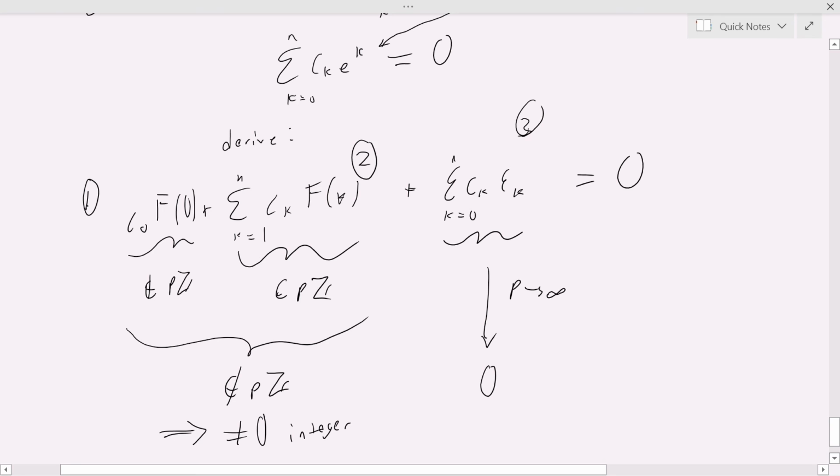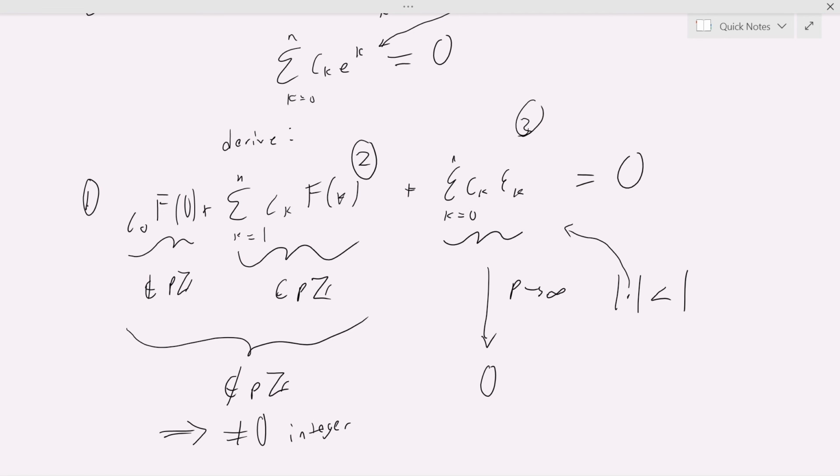So in particular, for a choice of sufficiently large prime, the absolute value of this quantity here was less than 1. So as long as you made a large enough choice for your prime p, which is always possible, then you get this contradiction that on the one hand we needed this error term to be a non-zero integer, but on the other hand it isn't, because it's a small error term.